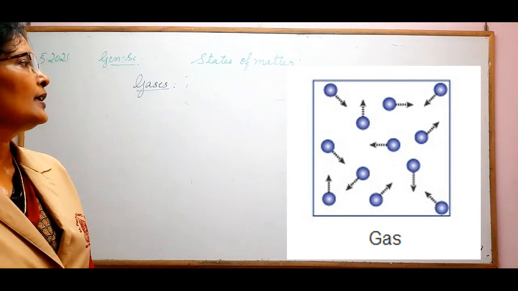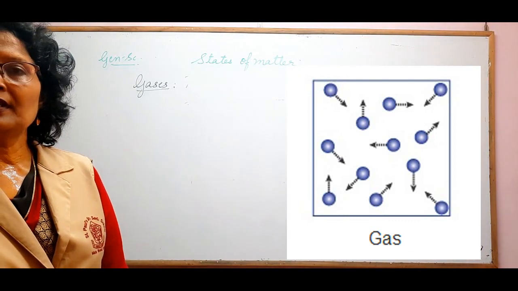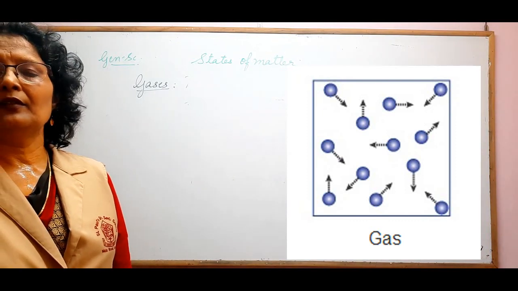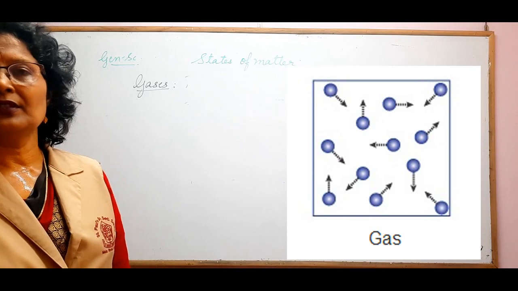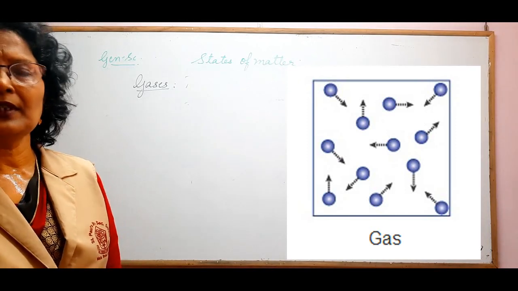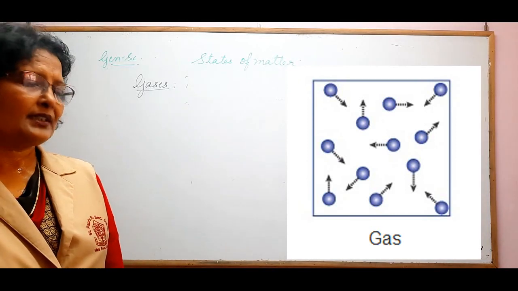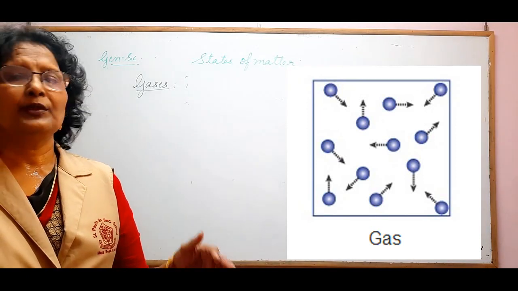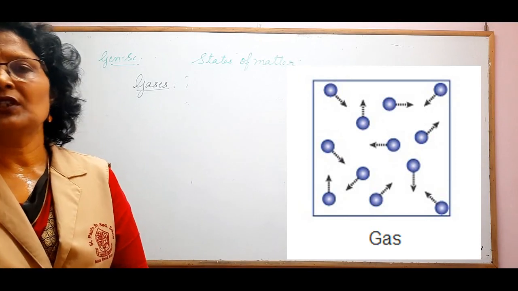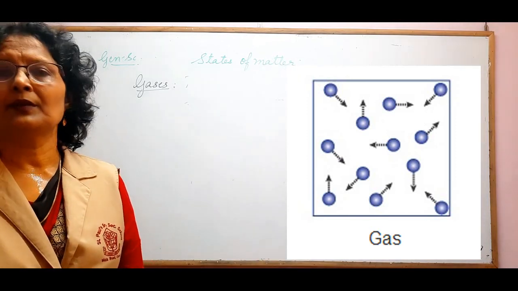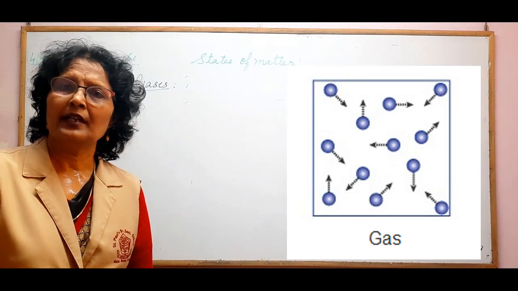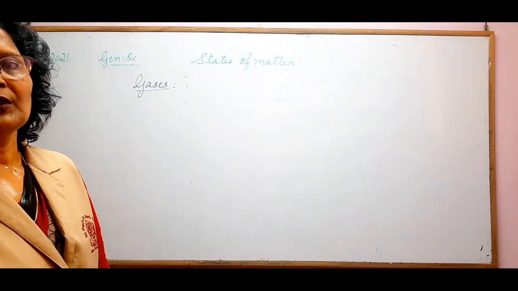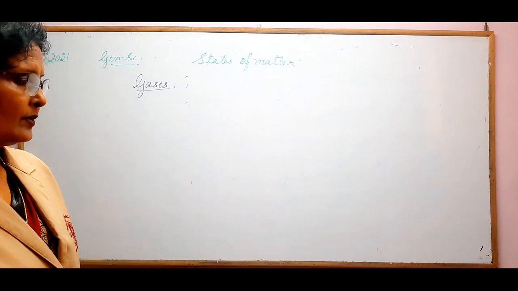You can see that the molecules are loosely packed, here and there. The force of attraction is very minimum. There is no force of attraction, so gases can flow very easily. It can be compressed in a small container. When you open it, it can just spread in the atmosphere. Is that clear? So this is the molecular arrangement of gas.